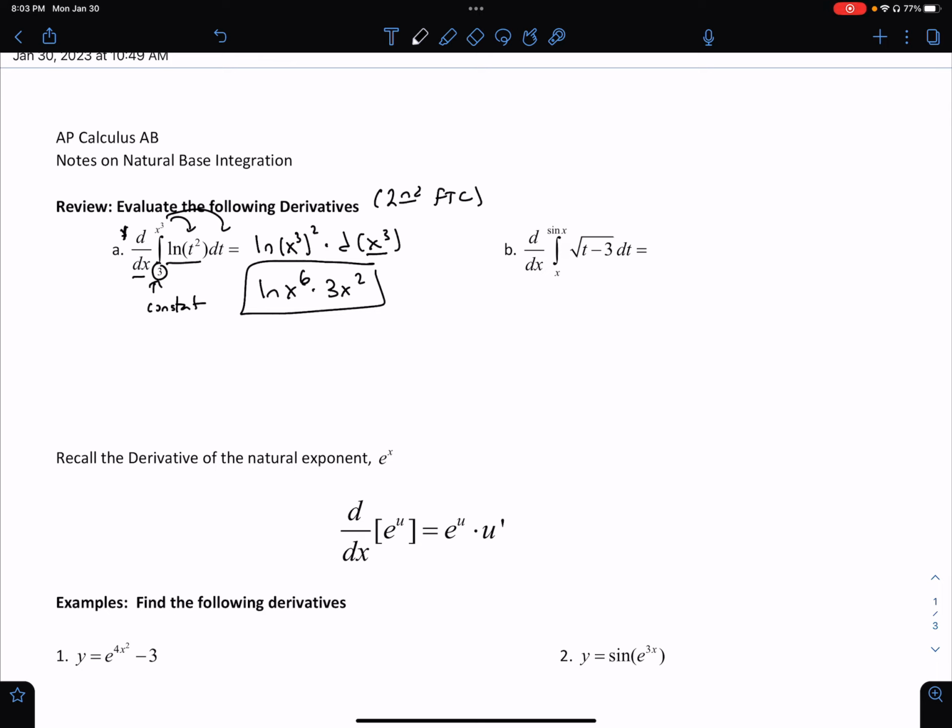For part B, when we replace the t with the sine of x, we also have to replace it with x as well. So this is going to be like our FTC, like f of sine of x minus f of x. And then we take, of course, their derivatives.